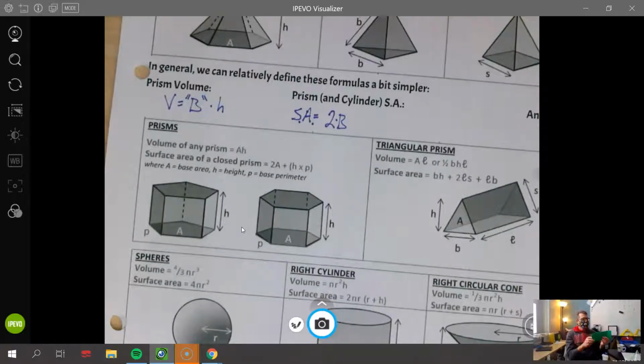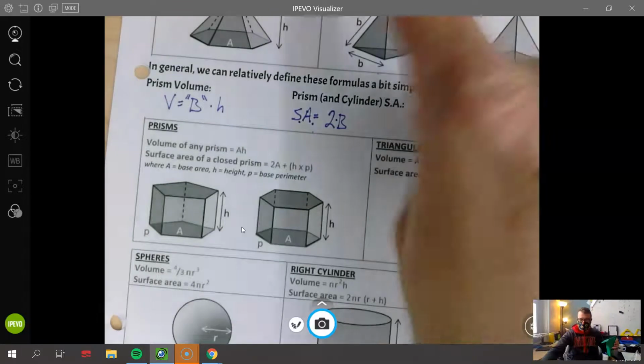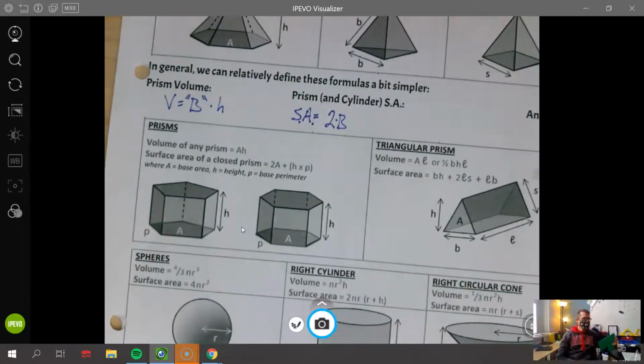How would we figure out the entire area of that rectangle at once, instead of having to break up all that nonsense like they did? Yeah, the height times the total base edge.